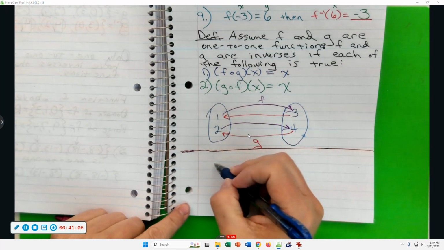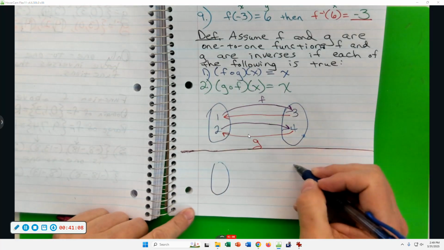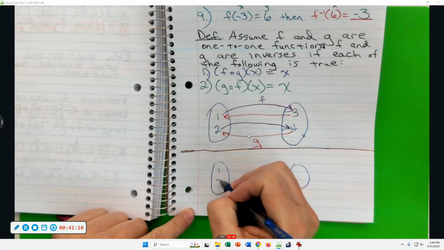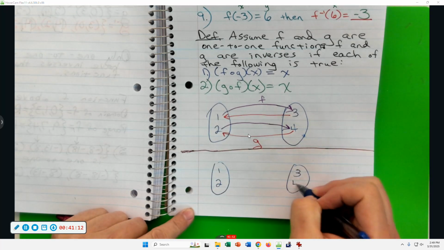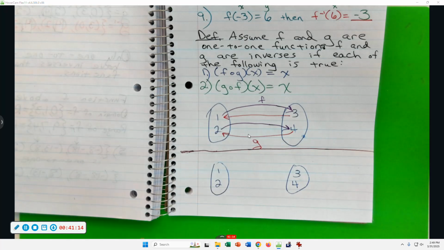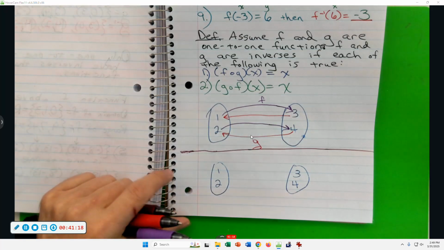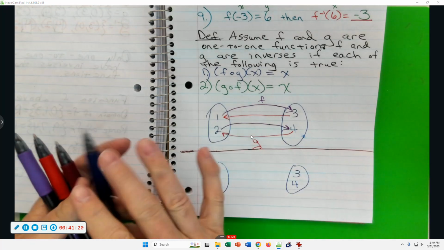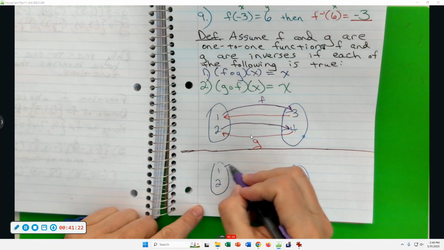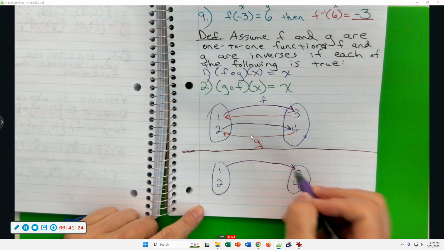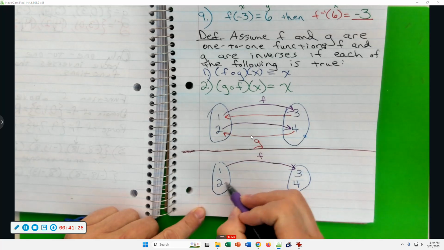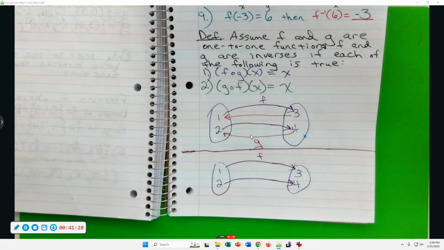Well, let's suppose we had a mapping that's clearly not swapped ordered pairs. I guess I'll leave F the way it was. F will take 1 to 3 and 2 to 4.